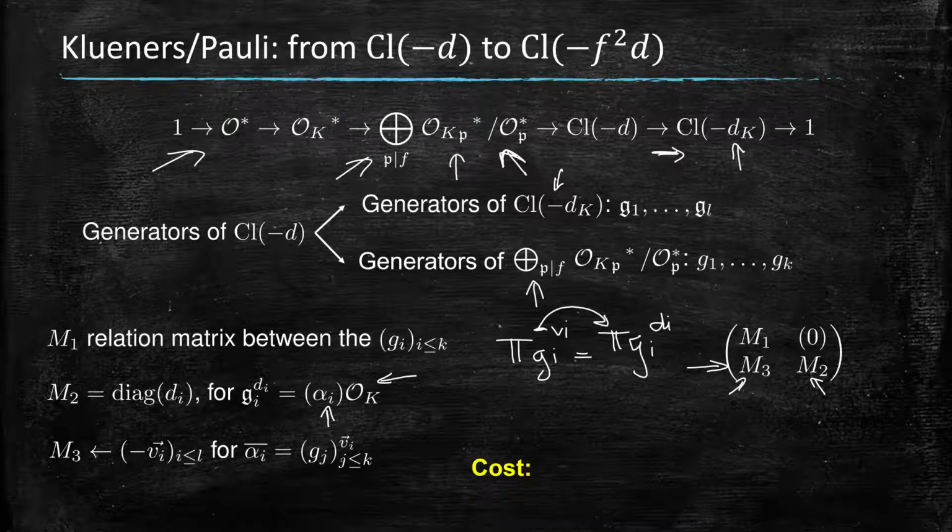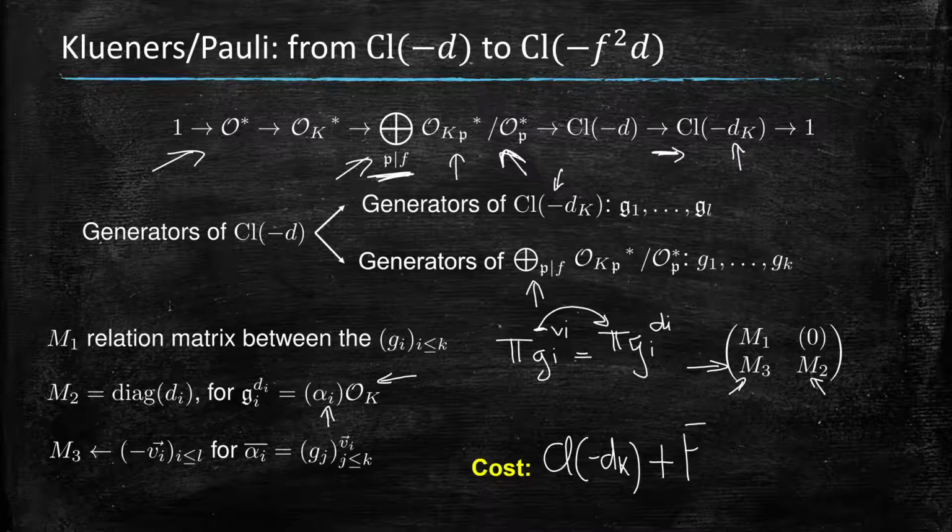Now, what is the cost of all of this? Well, let's see. What we have to do is to calculate the class group of the maximal order, the class group of minus dk, that is one cost. Then we need to know all of the prime divisors of the conductor, so we need to factor the conductor F. We have fast factoring methods in L1/3, so asymptotically much better than the class group methods.